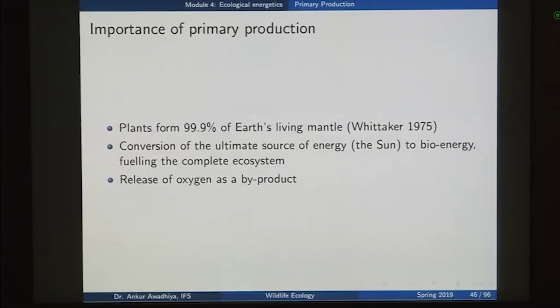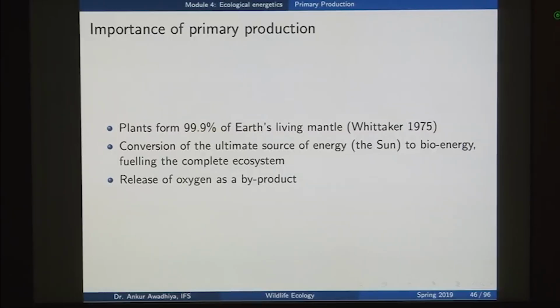So, why is it important to learn about primary production? It is important for three main reasons. One, plants form 99.9% of the earth's living mantle. There is this report from Whittaker which says that 99.9% of the earth's living mantle, or all the organisms that are living, is made up of the autotrophs or the plants.